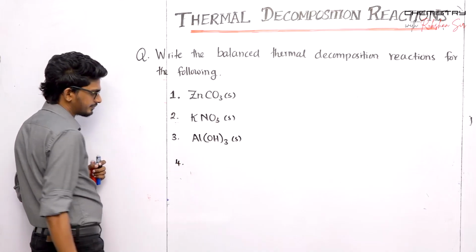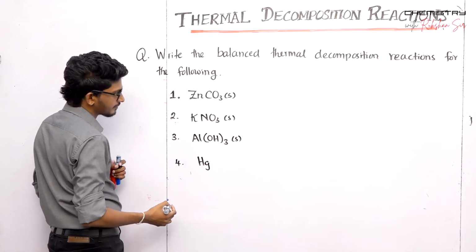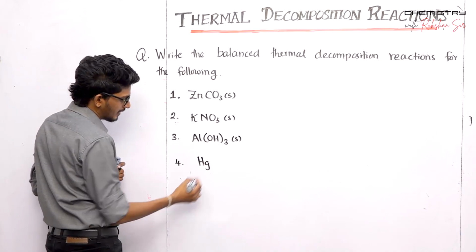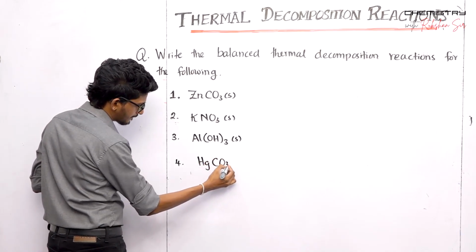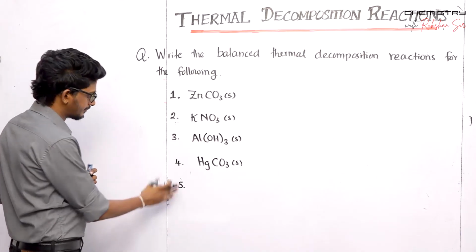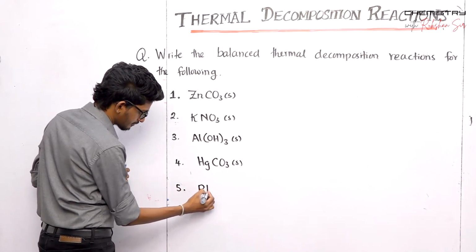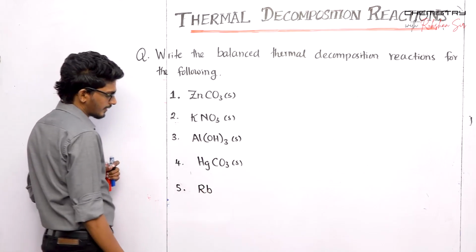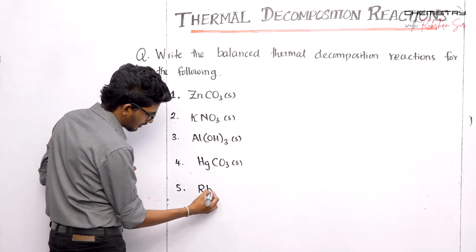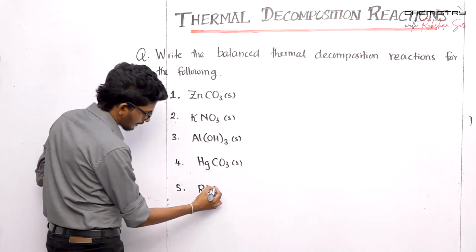Number 4, mercury carbonate. Number 5, rubidium bicarbonate.